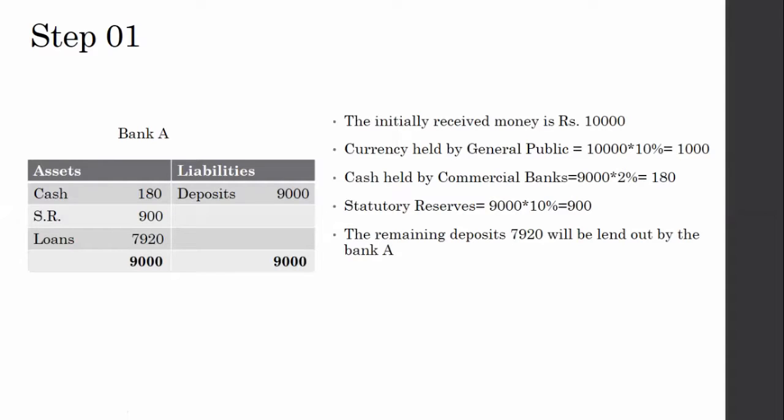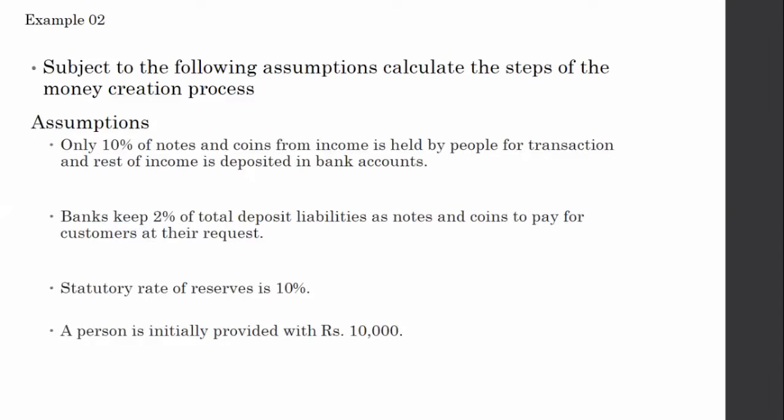This is step 1. Initially we received the money, rupees 10,000. Under the assumption, the currency held by the general public is 10% of the total amount of money. Only 10% of notes and coins from the income is held by people for transactions.